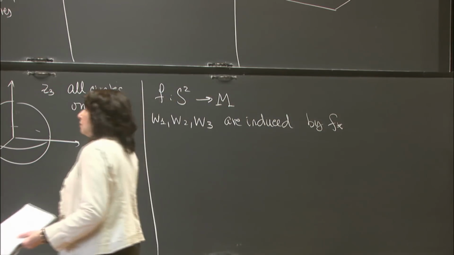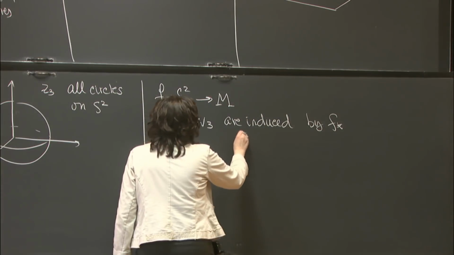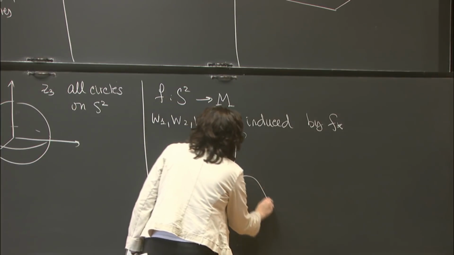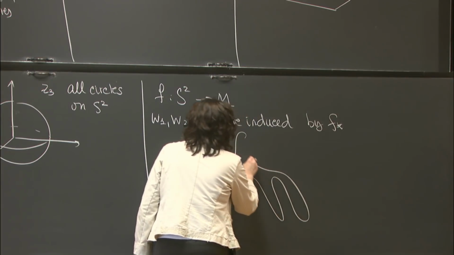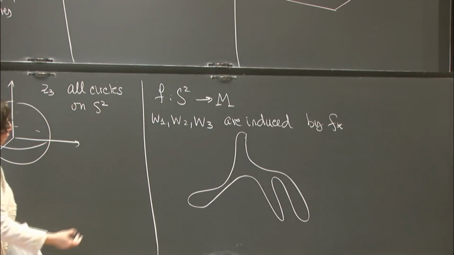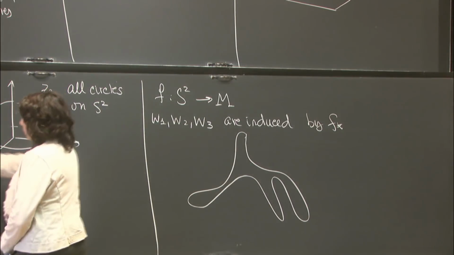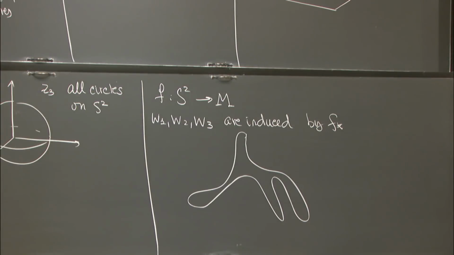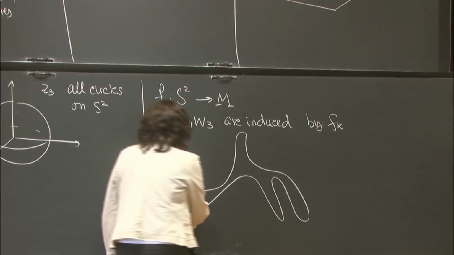Okay, so I don't know how this sphere looks. It can look kind of nasty. So if I look at the images of Z1, Z2, Z3 under F, what am I going to have? Well, something bizarre.